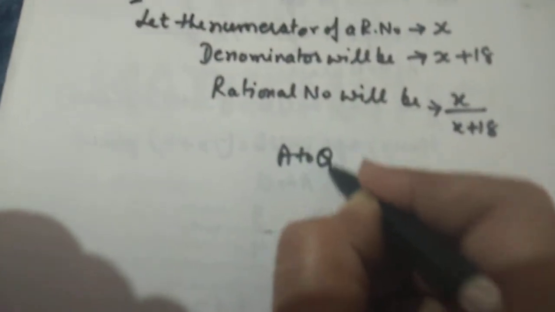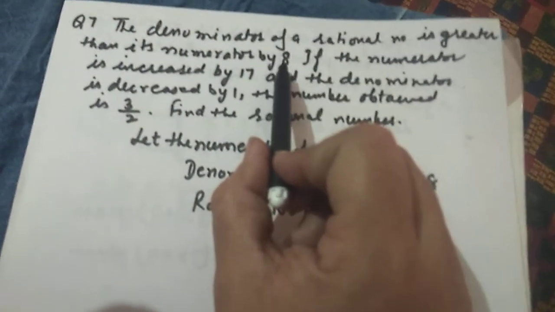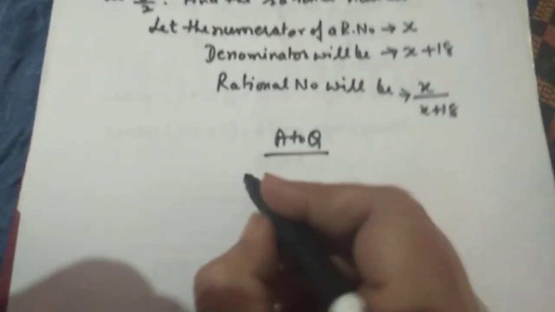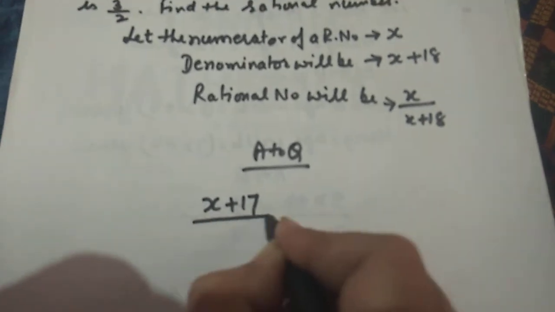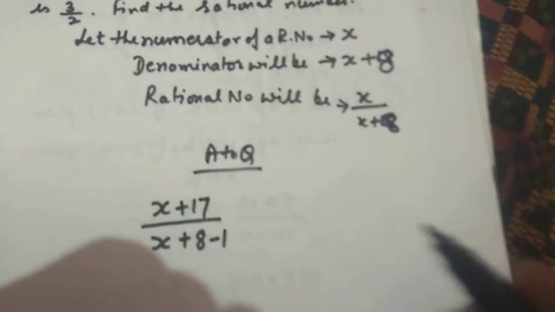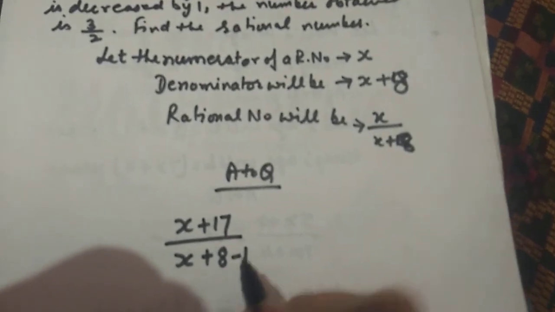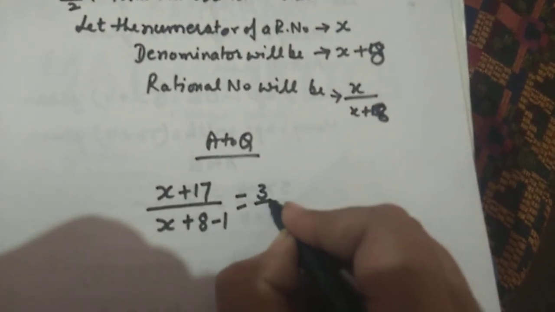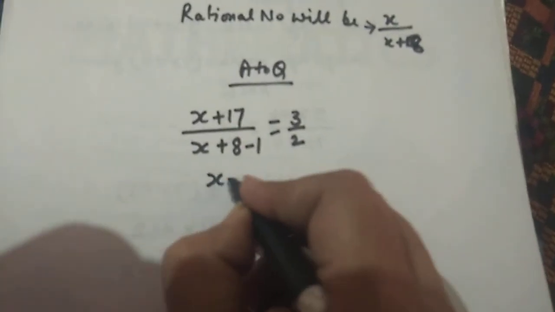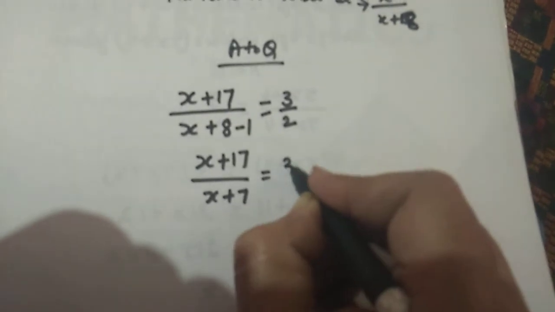Now according to the question, it's given that if the numerator is increased by 17, x plus 17, and the denominator is decreased by 1, x plus 8 decreased by 1, then the result is 3 by 2, means (x plus 17) upon (x plus 7) is equal to 3 by 2.